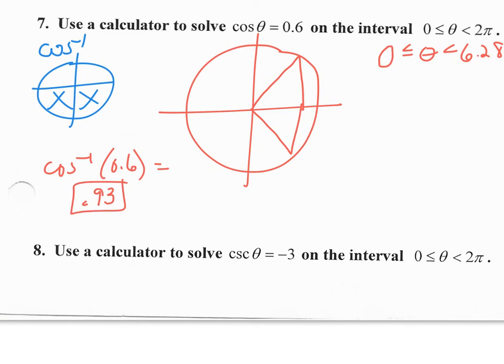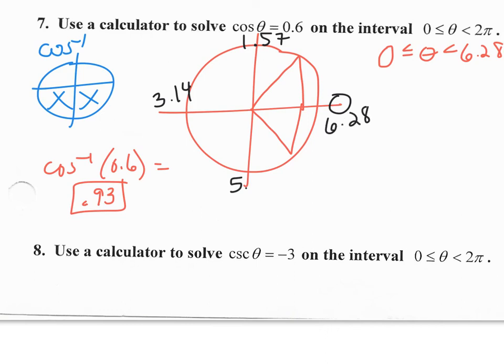Now, when we're talking about radians, 0.93 is kind of hard to wrap our head around. So why don't we look at this circle in a little different way? We know where 0 is, and we know where pi over 2 is. But in decimals, pi over 2 would be 1.57, and pi would be 3.14, and 3 pi over 2, I don't know, 5 point something, I can't remember. And then back to 2 pi would be 6.28.